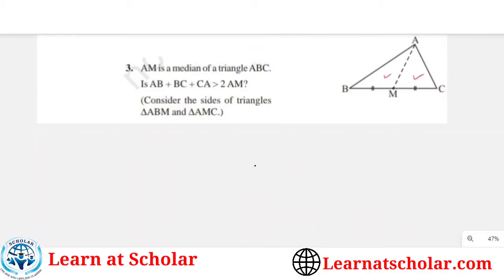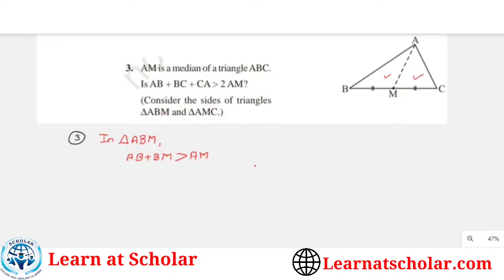Question number 3. AM is a median of a triangle ABC. Now the two triangles are triangle ABM and AMC. In triangle ABM, AB plus BM is greater than AM.